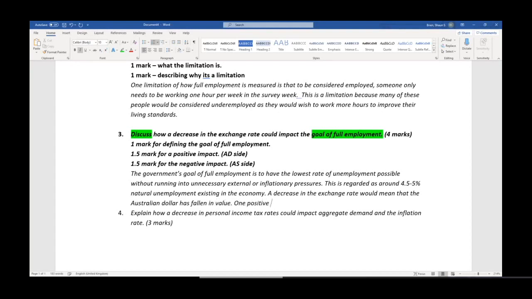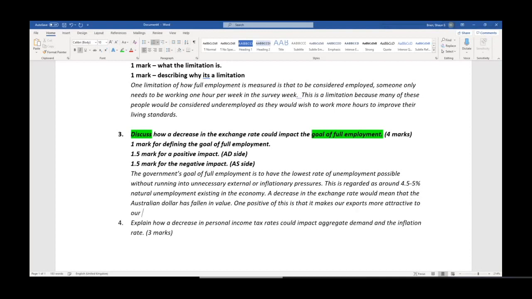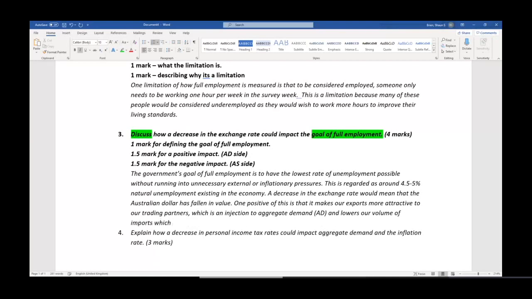One positive of this is that it makes our exports more attractive to our trading partners, which is an injection to aggregate demand, and lowers our volume of imports, which decreases leakages.